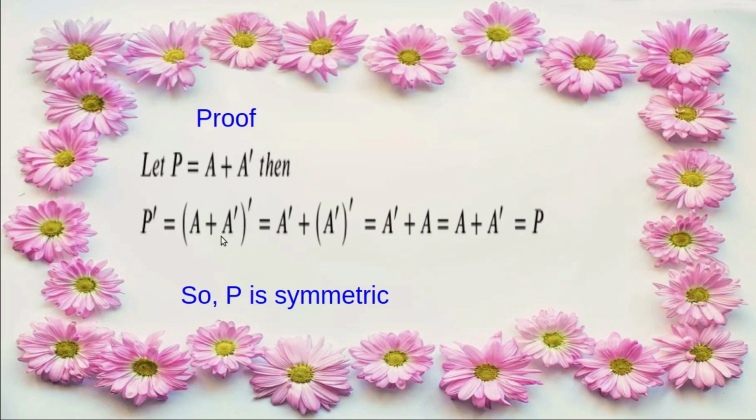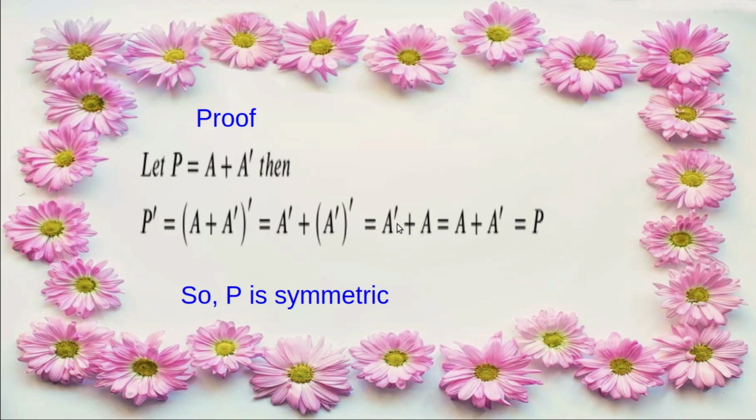And we know that (A plus B) transpose is A transpose plus B transpose. We have this result. So (A plus A transpose) whole transpose equal to A transpose plus (A transpose) transpose.